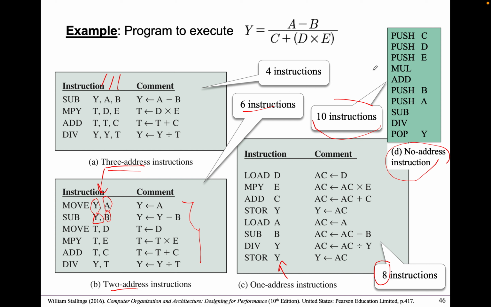So you can see the differences between each other, how you can construct your equation to be your assembly language. And from this assembly language, how many operands are possible?